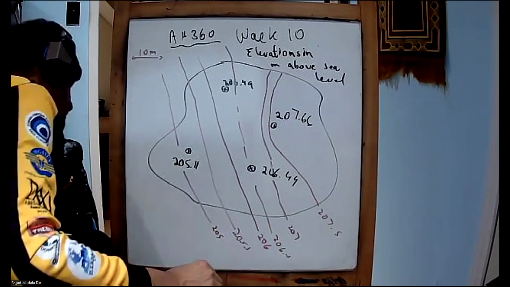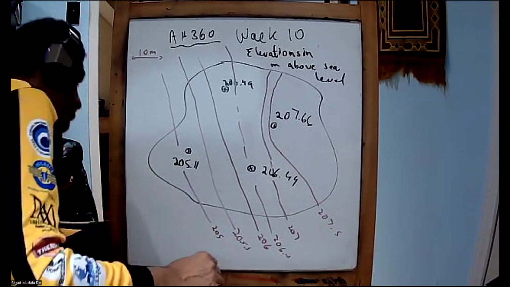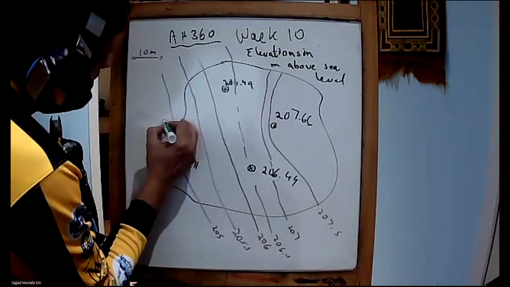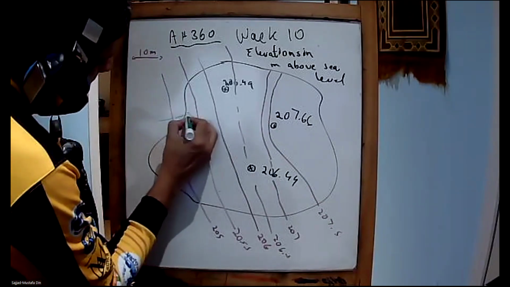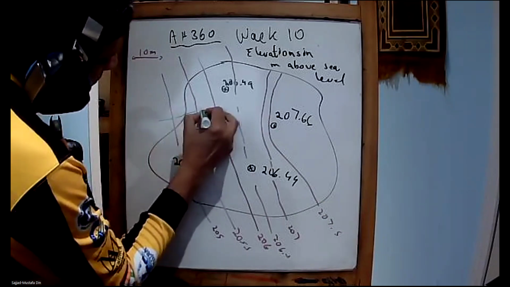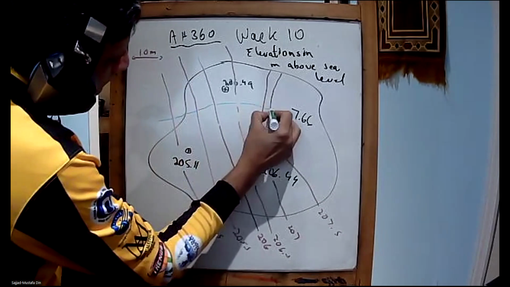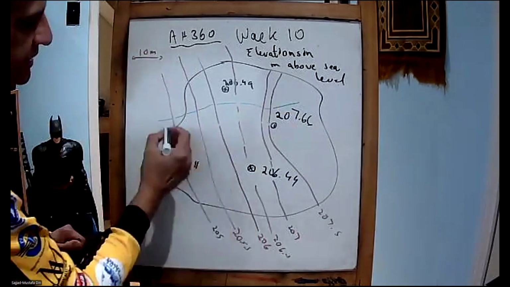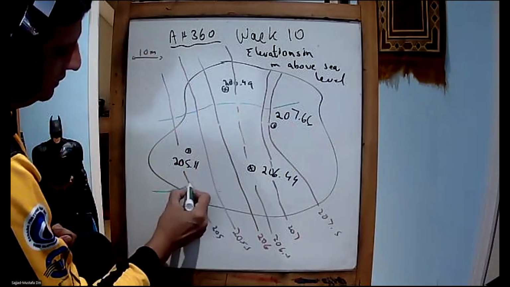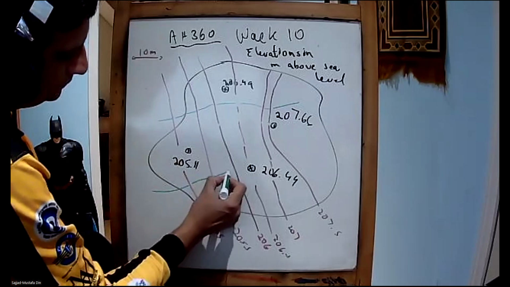You can actually use this information, number one, to create a flow net. So I'm going to draw that. You just draw a line perpendicular to the contours, meaning it makes a 90-degree angle. That is your flow net.